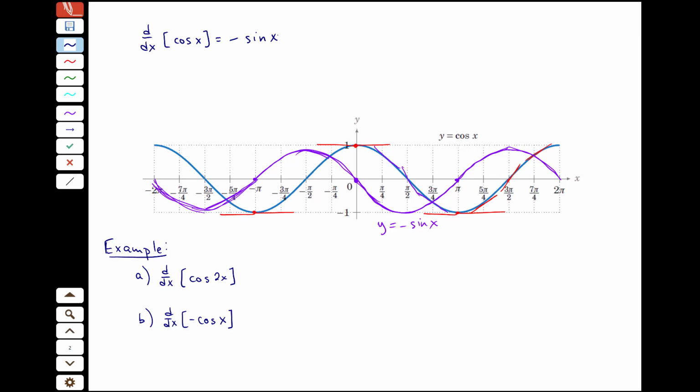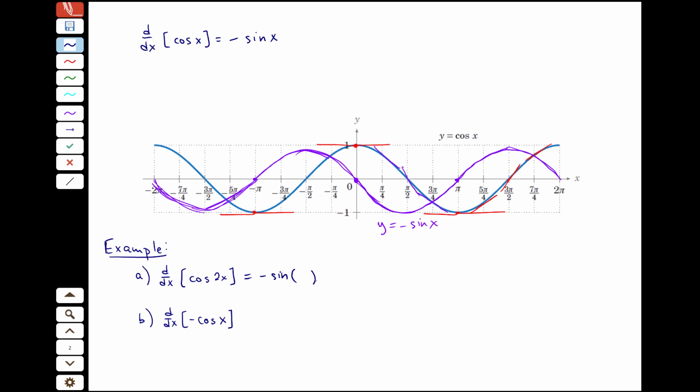So a couple examples using this newfound derivative. If we want to take the derivative of cosine of 2x, this is similar to the last example where we have an inside function of 2x. So if we take the derivative of cosine, we know that we get negative sine.